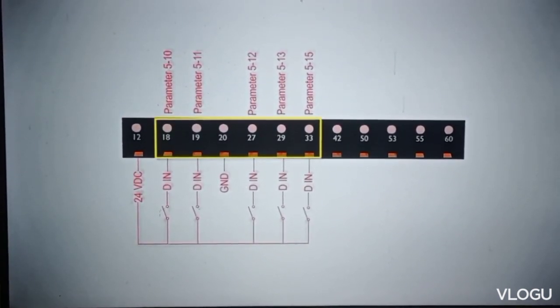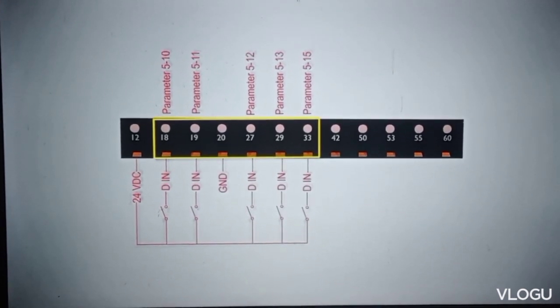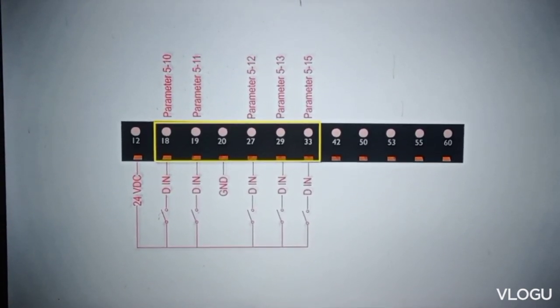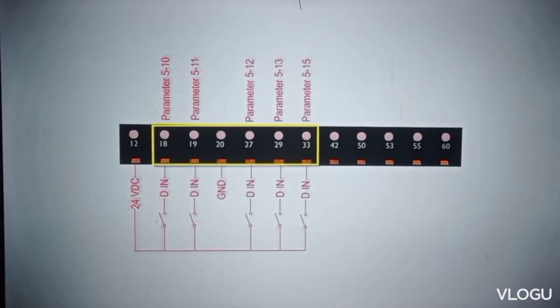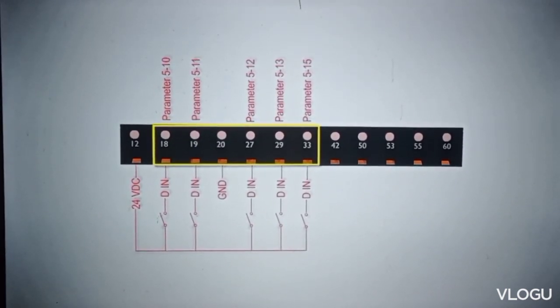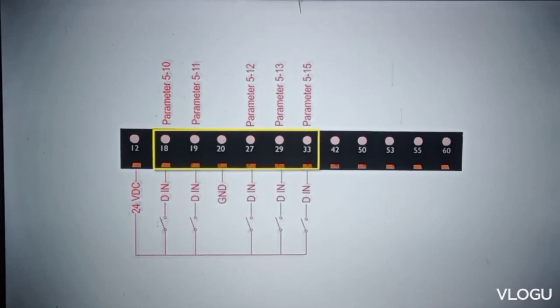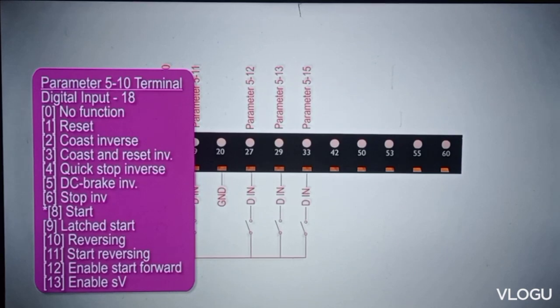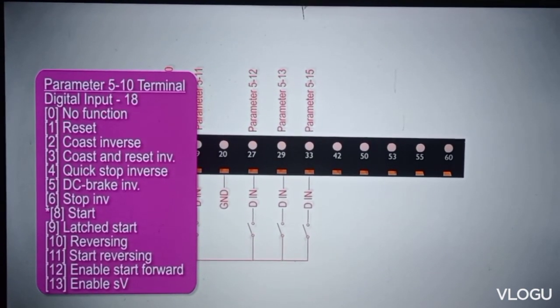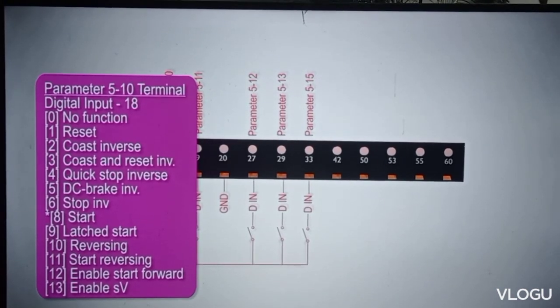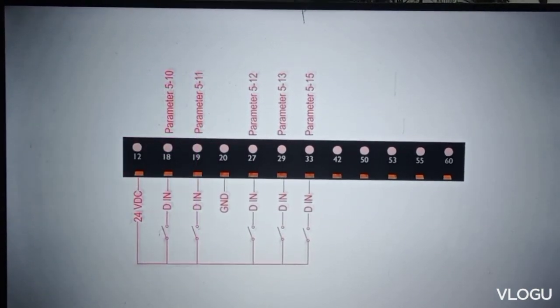Terminal number 18 to terminal number 33 are the digital inputs. These inputs are programmable as per our operation requirements. Parameters 510 to 515 are used to program functions like start, stop, reverse, reset, errors, etc. for these digital inputs.